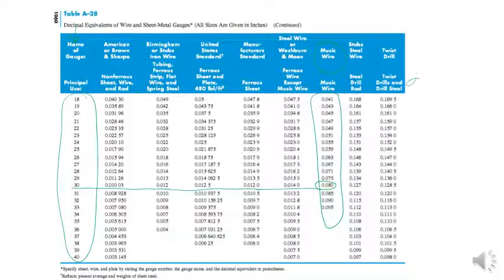So my D is 0.08 inch. And I need to convert into millimeter. So I will multiply it by 25.4 and I will get 2.032, and I'm going to approximate it as 2.03 millimeter.